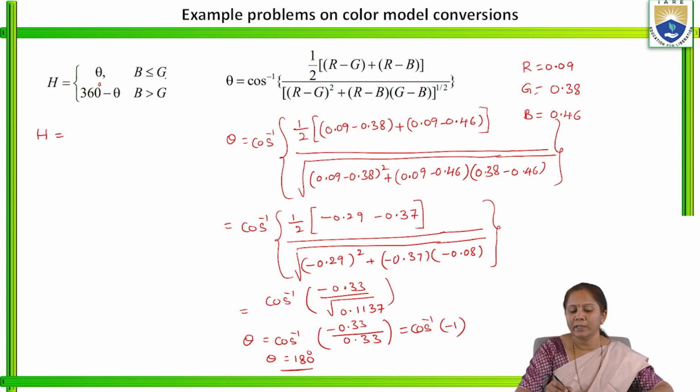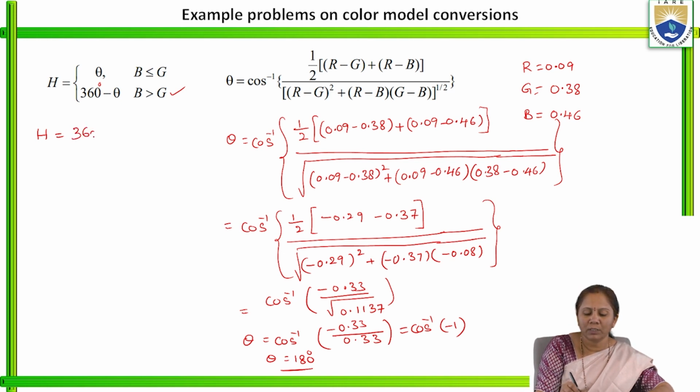If B is less than or equal to G, we consider theta, but here B is greater than G. So B greater than G means the second condition needs to be applied, that is H is equal to 360 degrees minus theta.